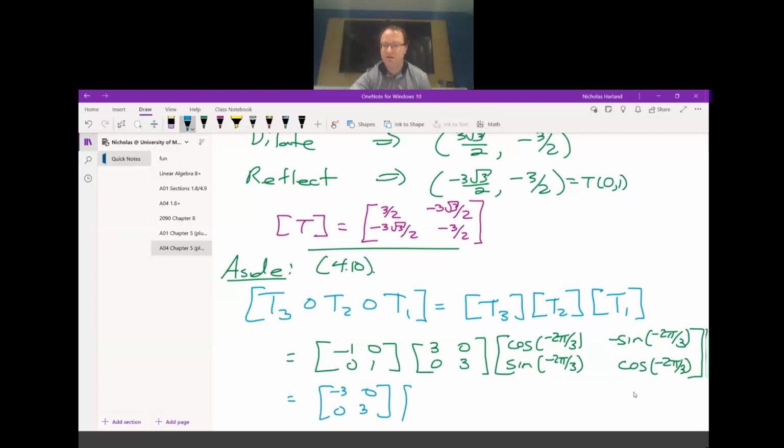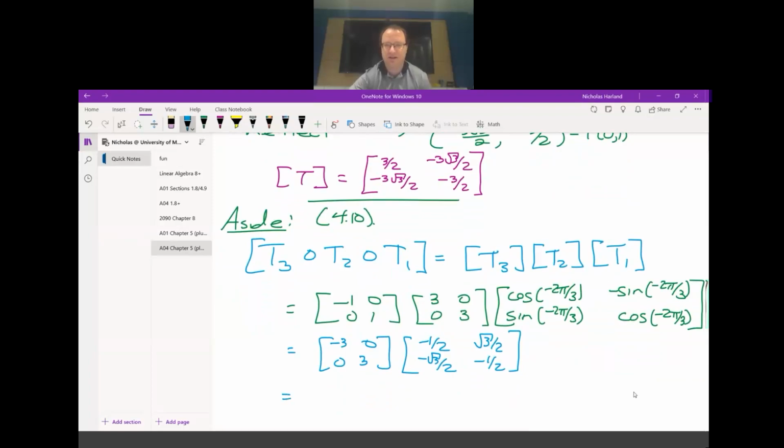-3003. This would be -1/2, -√3/2, √3/2, and -1/2. And then assuming I don't screw anything up, did I not do that? Cosine is the first column, and negative sine cosine is the second column.